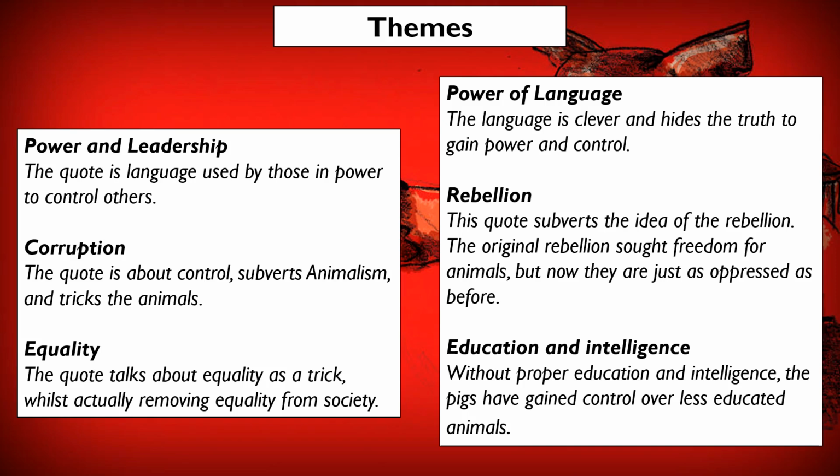The original rebellion was sought as a form of freedom for the animals to try to remove the oppression of Farmer Jones, but now they are just as oppressed as before. If the question happens to be education and intelligence, well, without proper education, without intelligence, the pigs have been able to gain control over these less educated animals because the pigs are the only ones who really have an education and have intelligence.